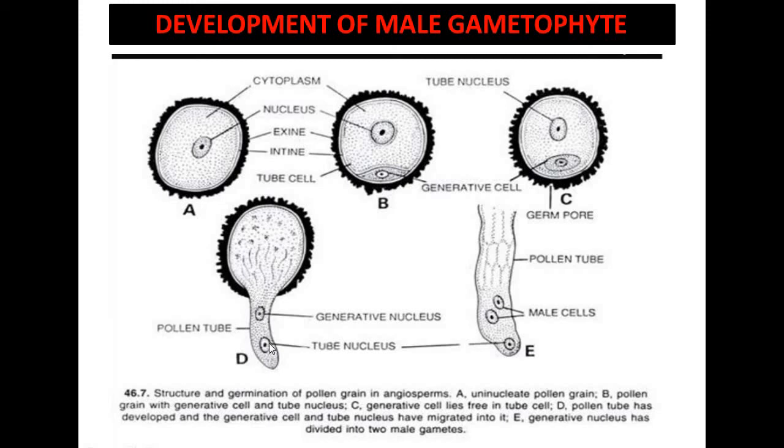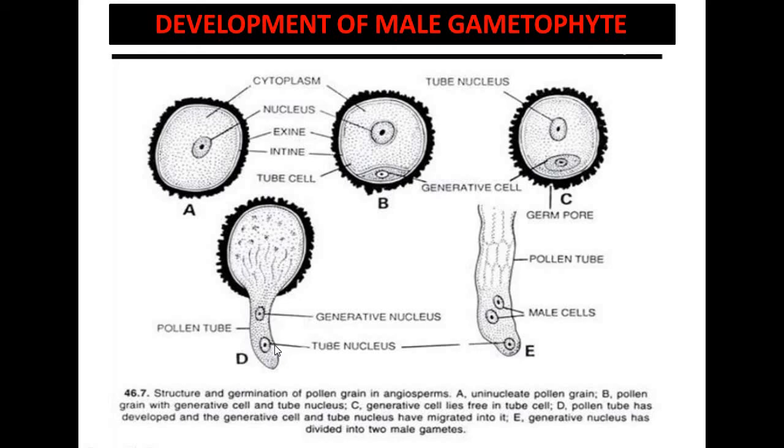So you can see the pollen tube is developing, and in this pollen tube both the nuclei are present together. One is tube nucleus and second is generative nucleus. During this journey, the generative nucleus will get nutrition from tube nucleus.